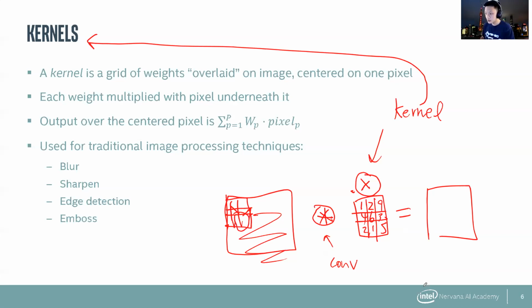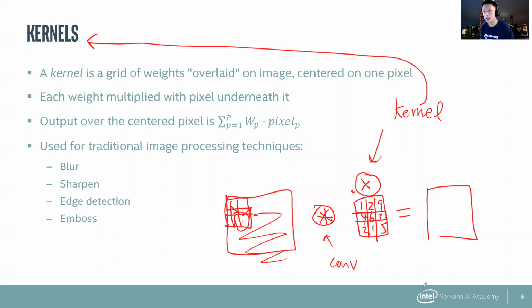But this is actually not special to machine learning. This was developed way before machine learning became a hot topic. This idea of a convolution, using a kernel on an image, has very important applications in signal and image processing.